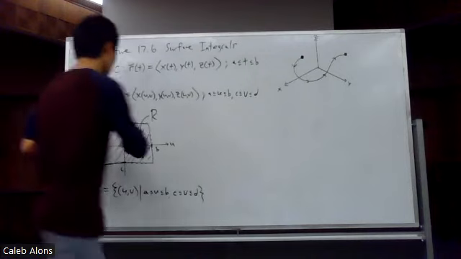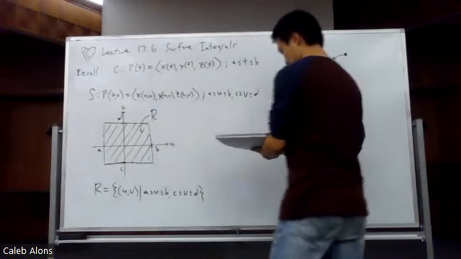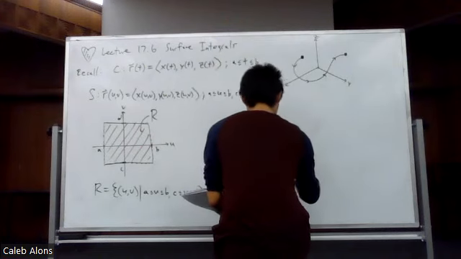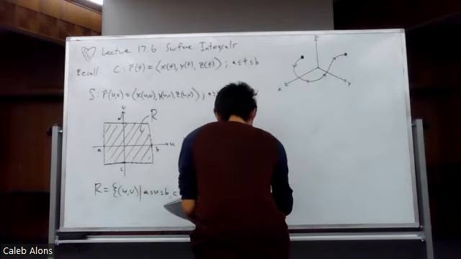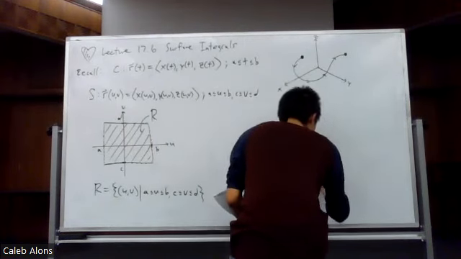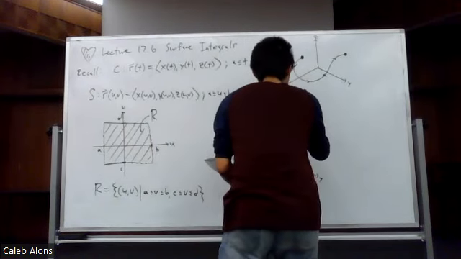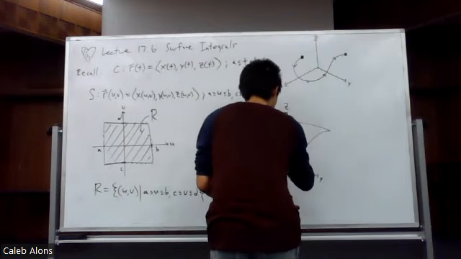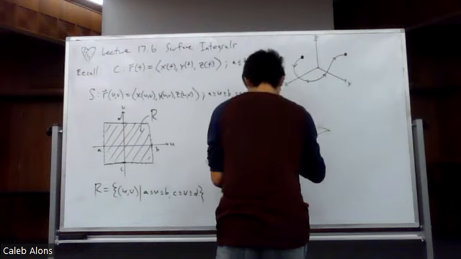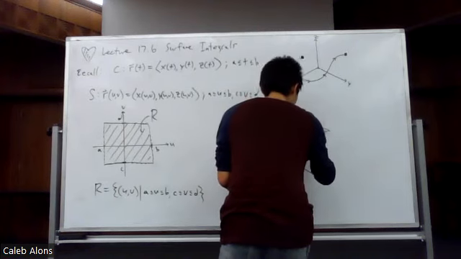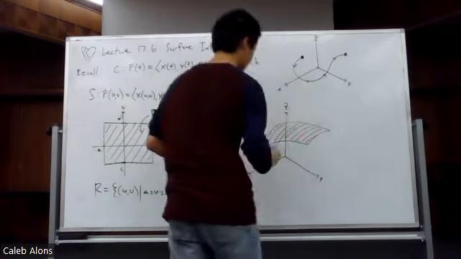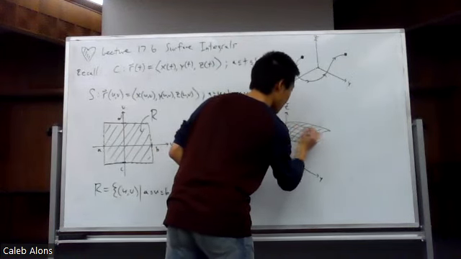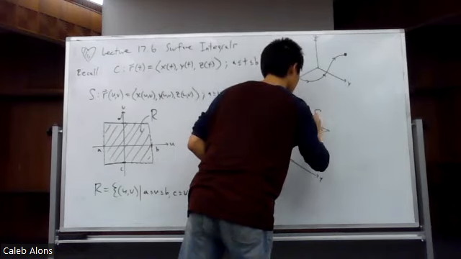Okay, and then we take the parameter and turn it into the surface it actually looks like. If I have three-dimensional space, here's my X, my Y, here's my Z. And then if I have some sort of surface that exists in 3 dimensions.